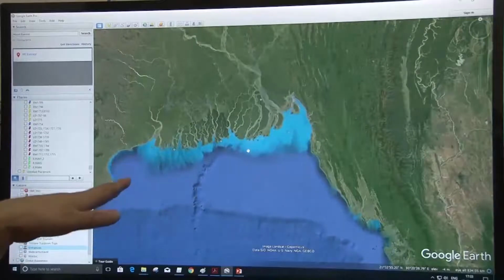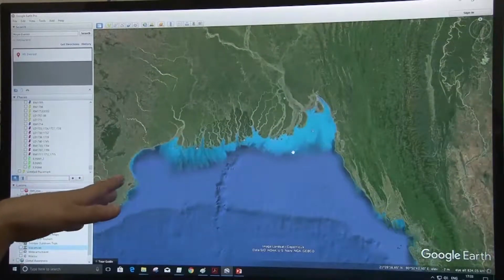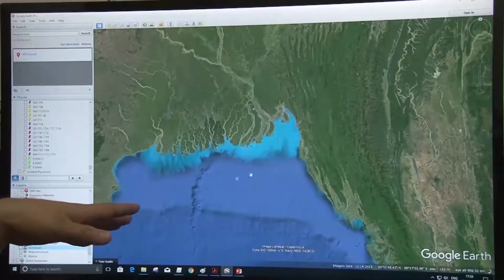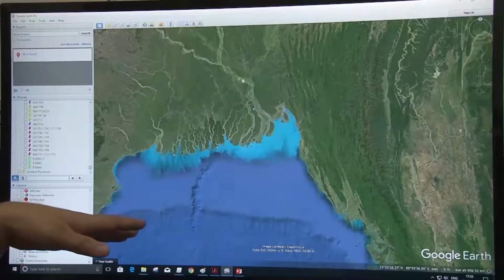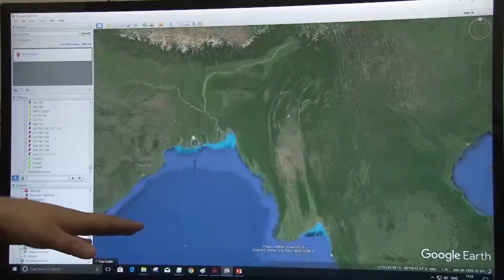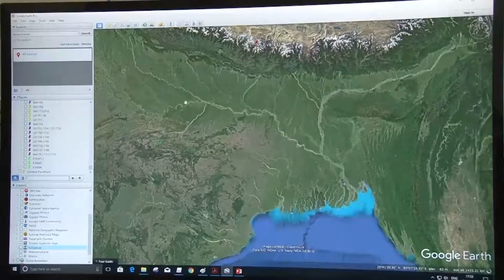Fresh water and fresh sedimentation, due to which you can mark this area very easily. You can see that this river is coming and debouching its sediments into this region. This is the major river Ganga.